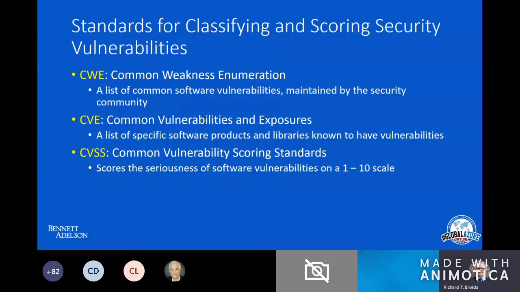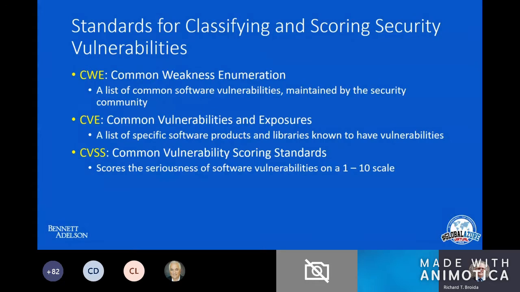The Common Weakness Enumeration is a giant list of all different kinds of vulnerabilities that have been reported and analyzed by the security community. It's kept very up to date. The Common Vulnerabilities and Exposures list is a list of specific software products and libraries that are known to have vulnerabilities. You don't want your software getting on that list. But furthermore, you don't want to accidentally use any products or libraries that are known to have vulnerabilities.